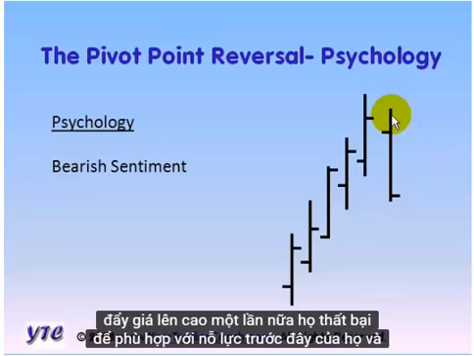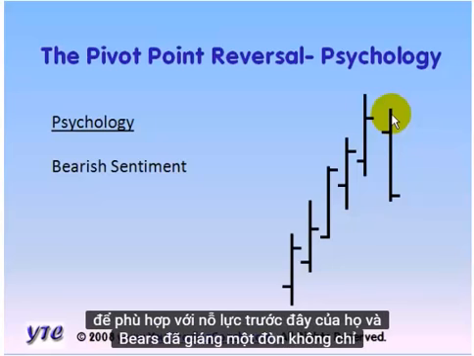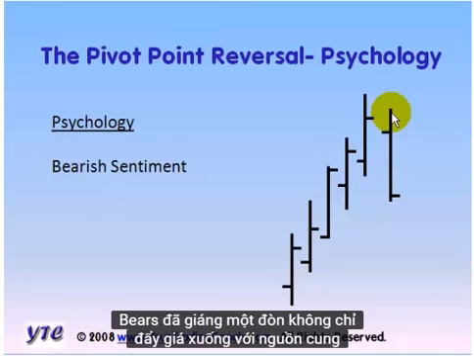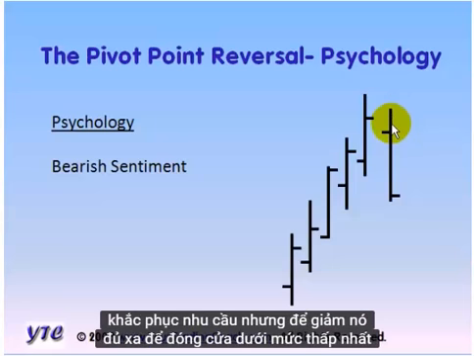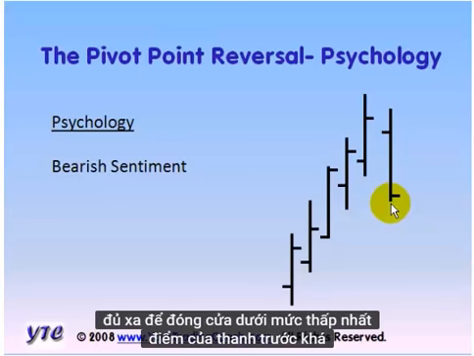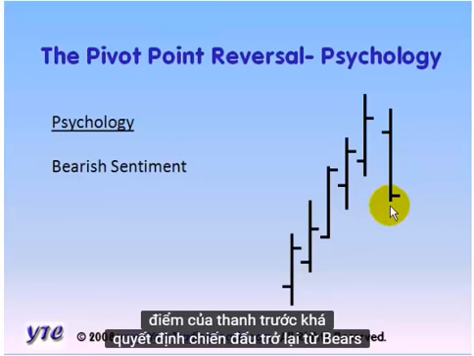They failed to match their previous effort, and the bears have struck a blow in not only driving prices down, supply overcoming demand, but to drive it down far enough to close below the lowest point of the previous bar. Quite a decisive fight back from the bears.